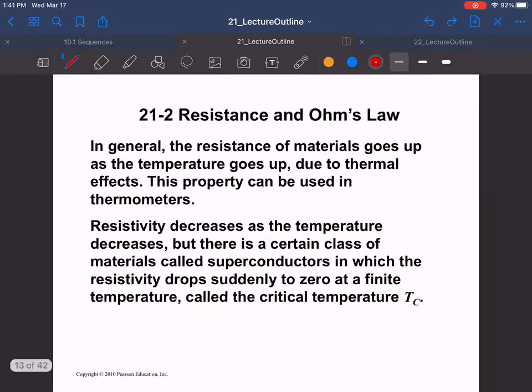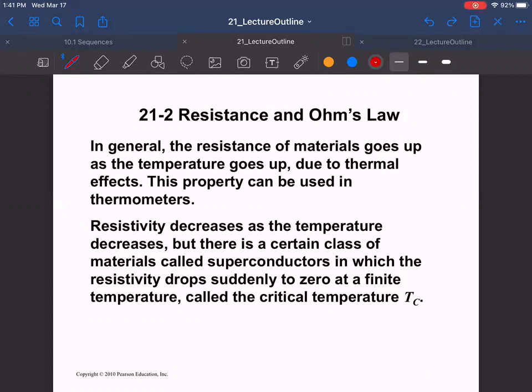All right. In general, not always, the resistance of materials goes up as the temperature goes up. This is not true for semiconductors. But basically, typically, the higher the temperature goes, the greater a resistance you get, because you have thermal effects.